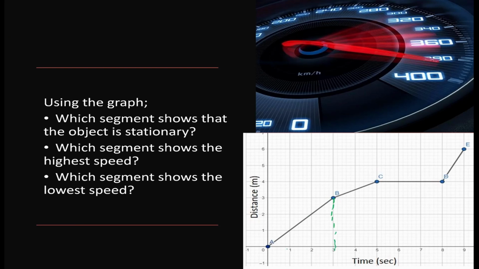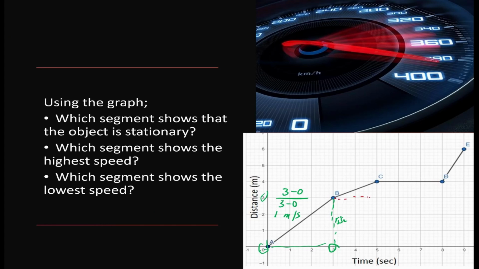Look at this. Rise over run. The rise is from 0 to 3, and the run is from 0 to 3. So it is 3 minus 0 over 3 minus 0. So the speed here equals 1 meter per second. In this one, we'll change the color.